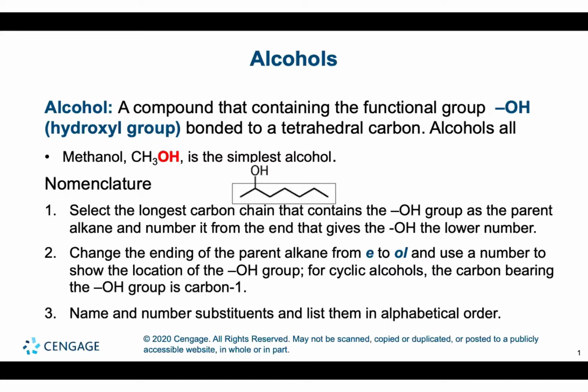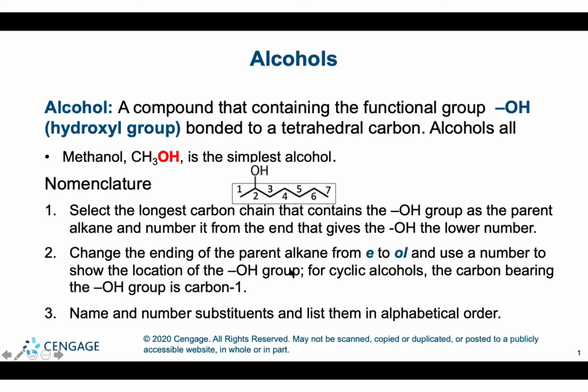We should start numbering from the side where the carbon attached to the OH group gets the lower number. So let's do it here. We start numbering from the left side. So it's going to be 1, 2, 3, 4, 5, 6, and 7.